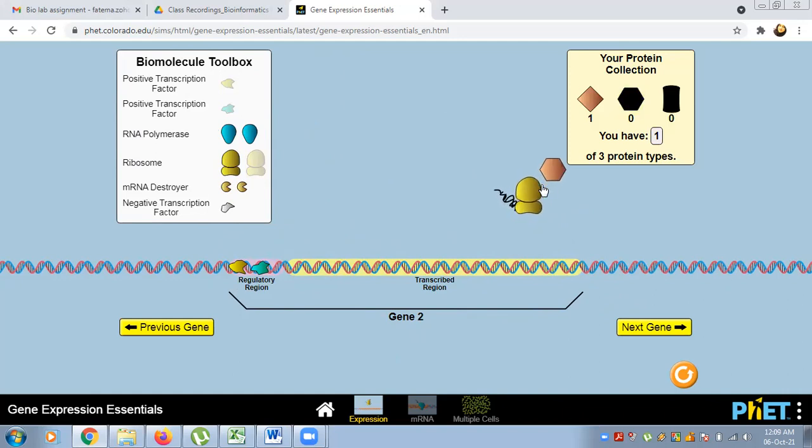See, so this is the second type of protein. So I will place it in the protein box. I will place the ribosome back, and I will destroy the mRNA.